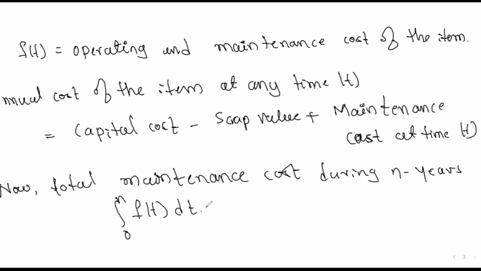We know that f of t is the operating and maintenance cost of the item at time t. We use integration because time t is continuous. If time is discrete, instead of integration we use summation. So we want the entire total maintenance cost during n years, that is the integral from 0 to n of f of t dt, right?